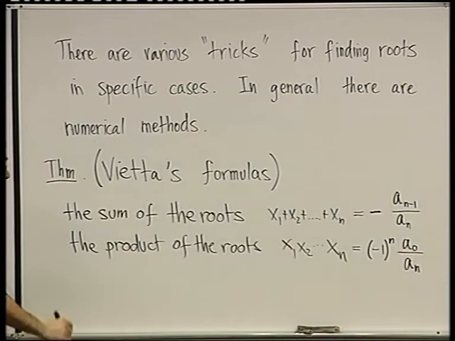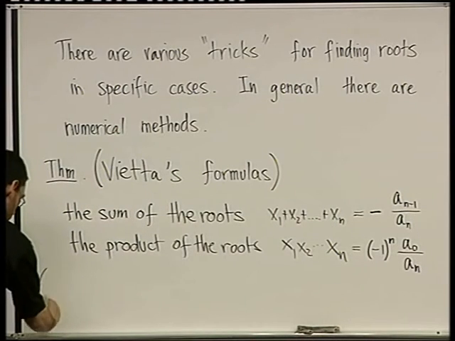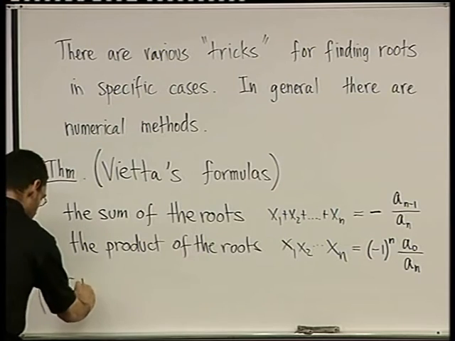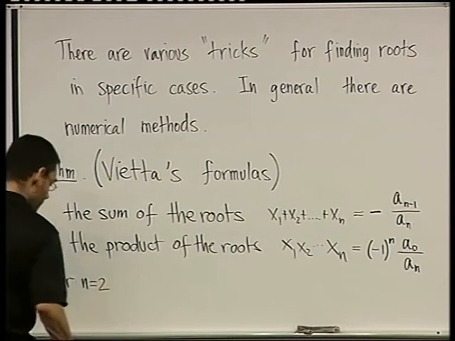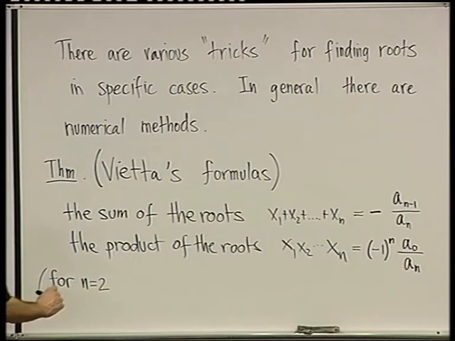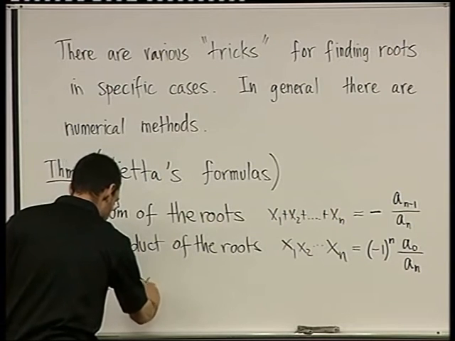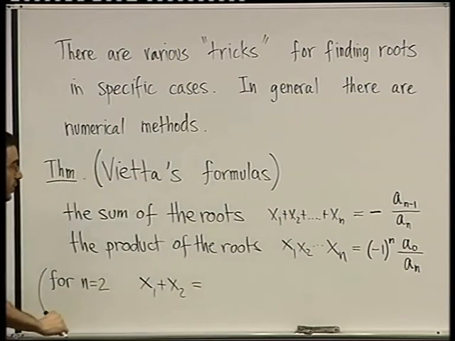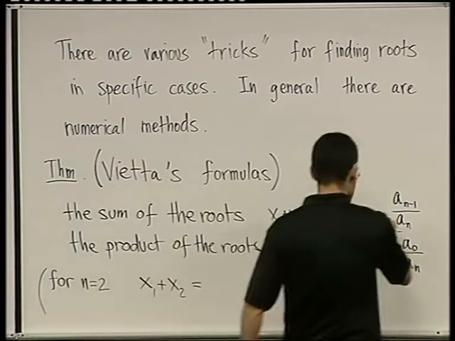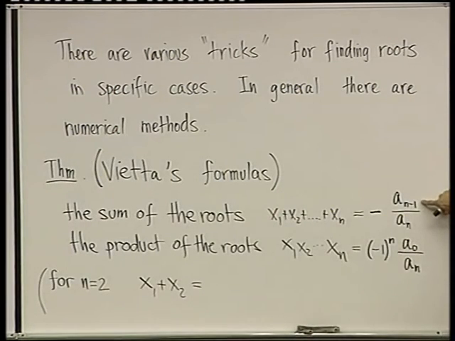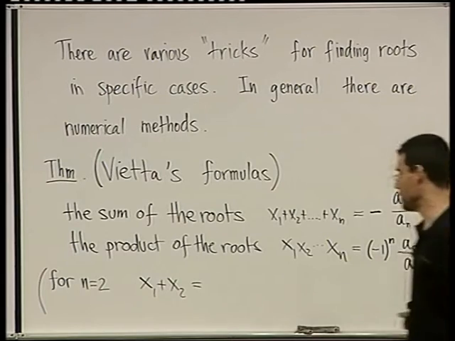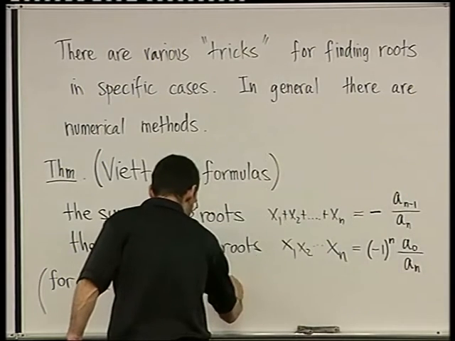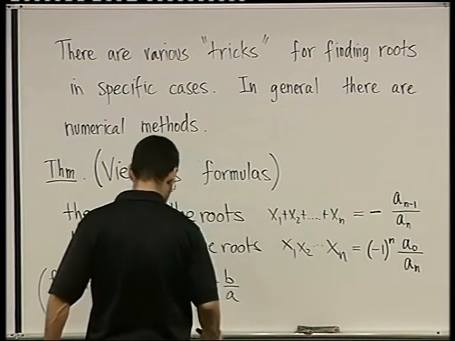Okay. In particular, maybe let's mention it, for n equals 2, when you have a polynomial of degree 2, what do we get? x1 plus x2, there are only two roots, and their sum is negative the second coefficient, which is b, over the first coefficient, which is a, so it's minus b over a.